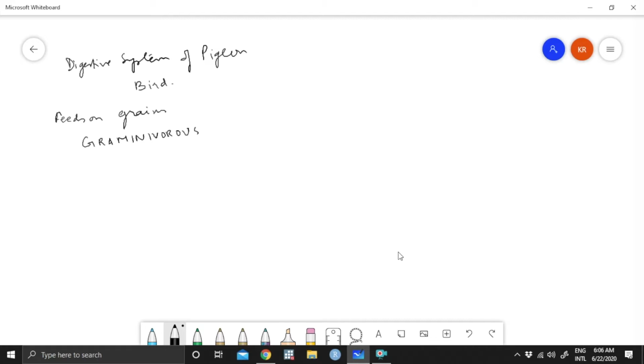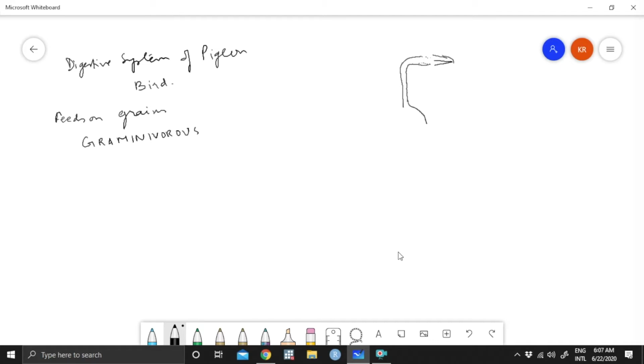Let's try to draw a diagram of pigeon. So this is the beak. A short pharynx and an esophagus.